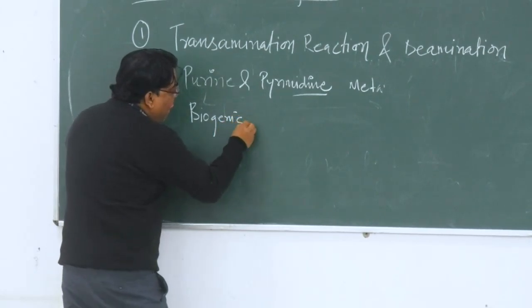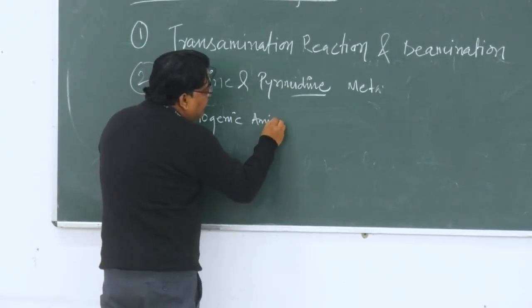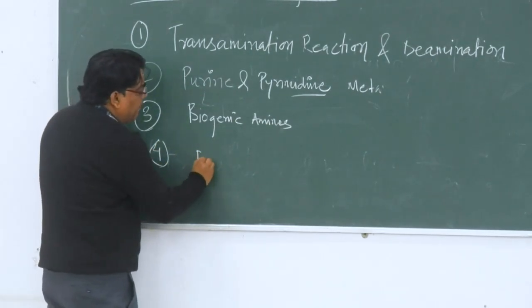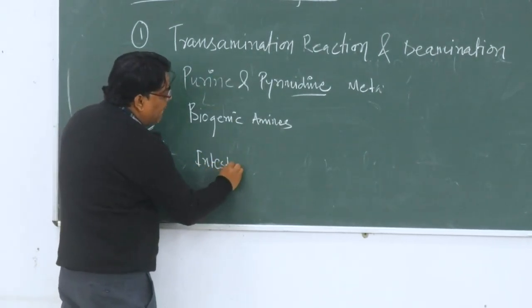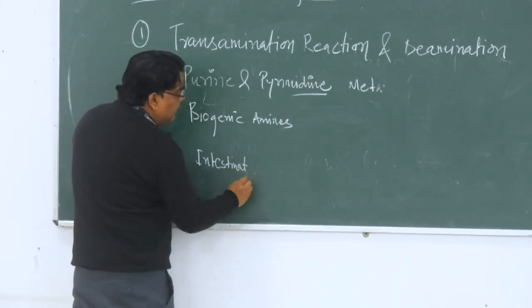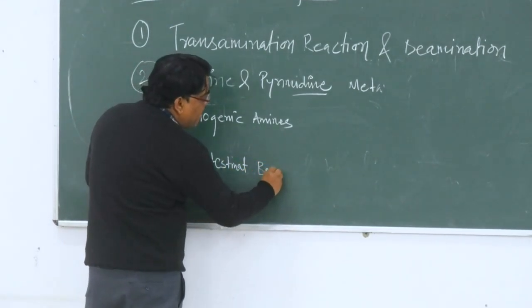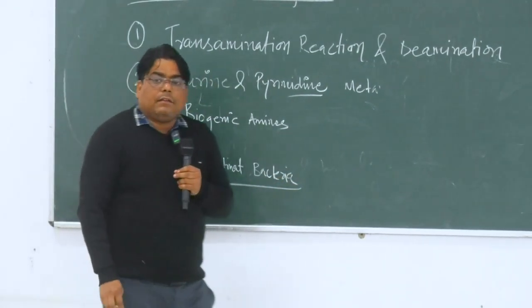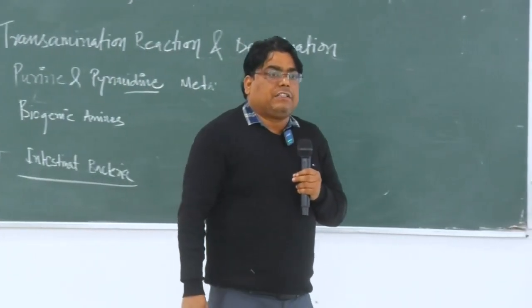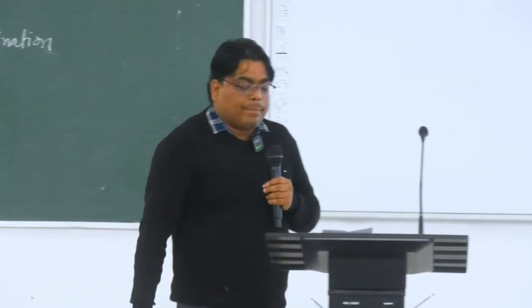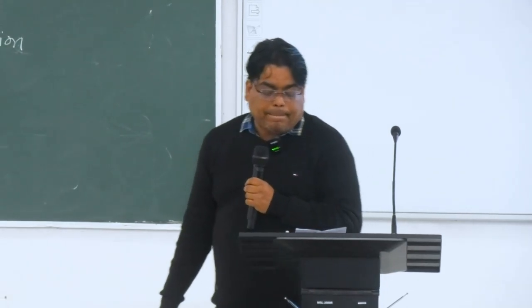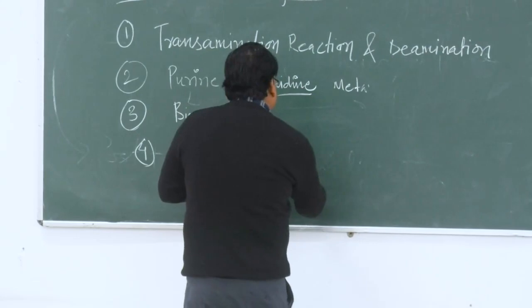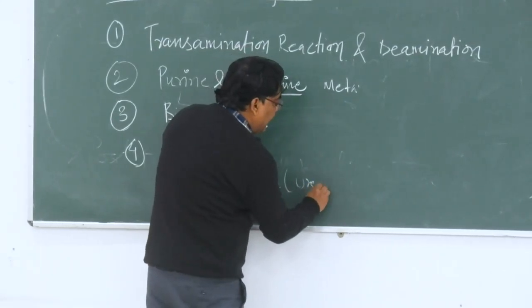And the last one is some intestinal bacteria, which produce ammonia through urea splitting enzymes.